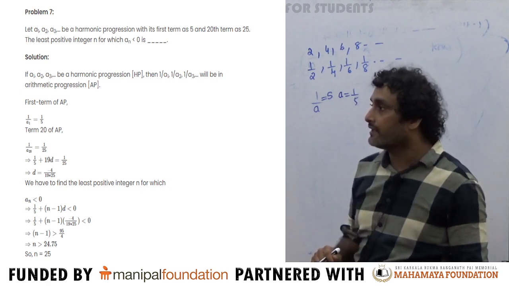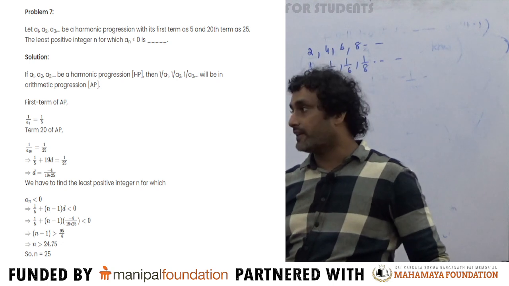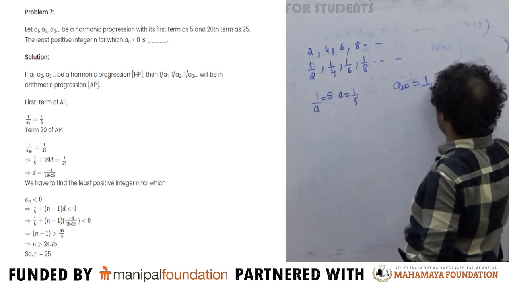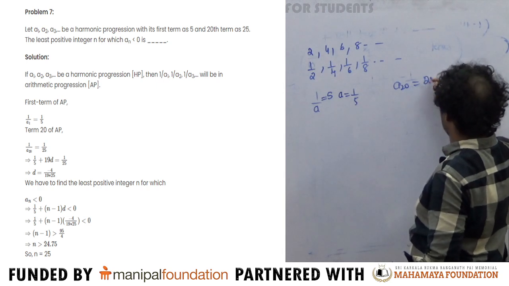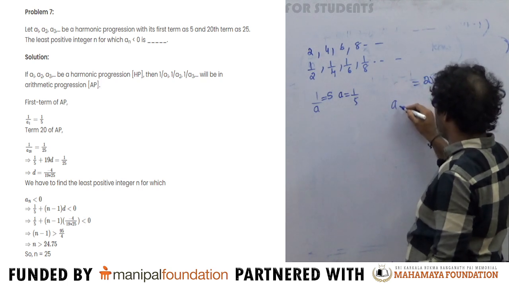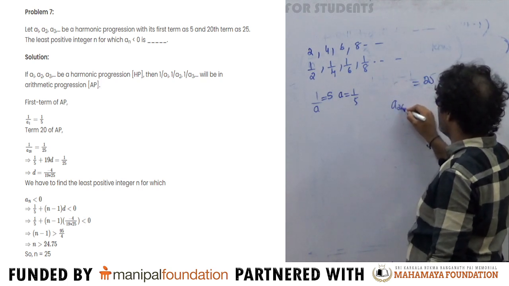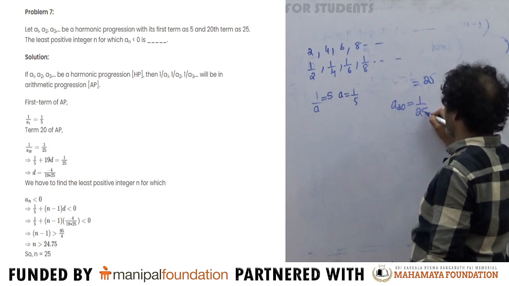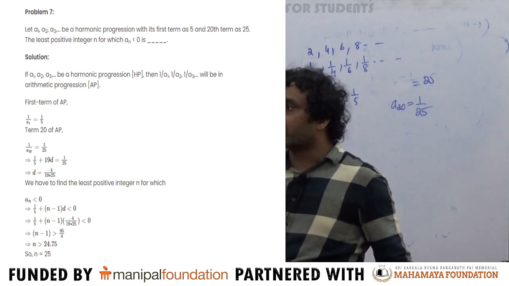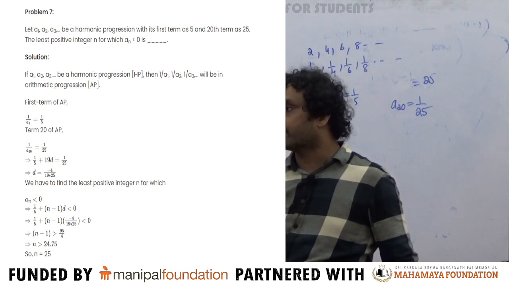That's the first thing. And 20th term is 25. So 20th term is A20, here it will be 125. But for us, in AP, A20 will be 1 by 25. Alright, now we almost got things. So we'll somehow manage to find the D.